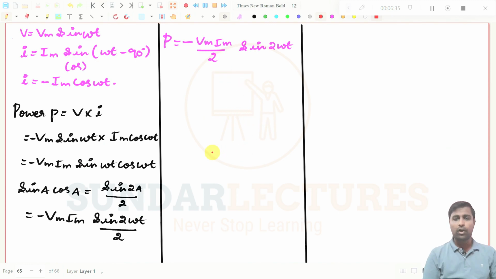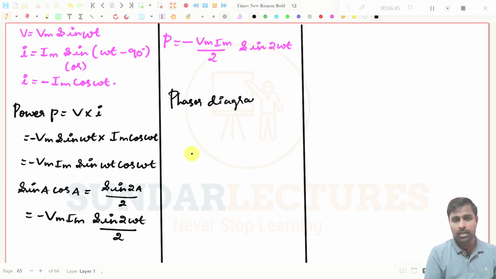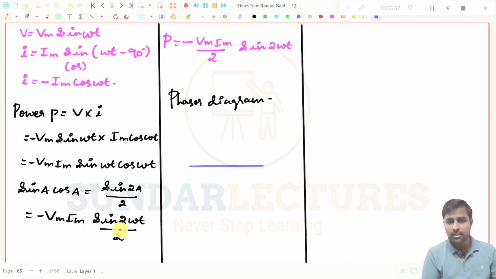Then I want to draw the phasor diagram. We know what V is, and this V will be the reference value. So I just want to draw the reference V. This is the reference value.